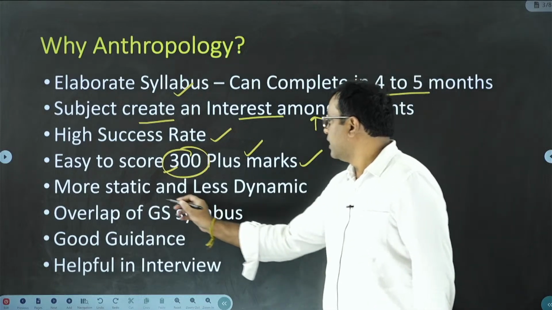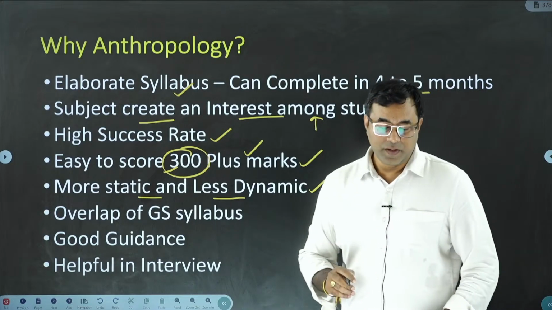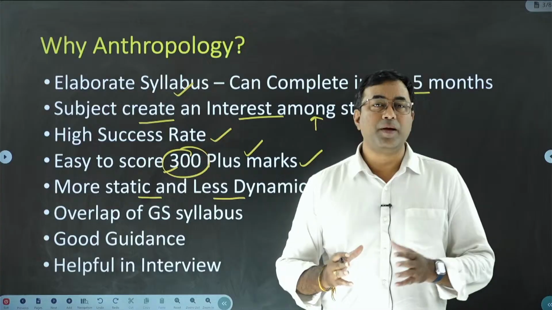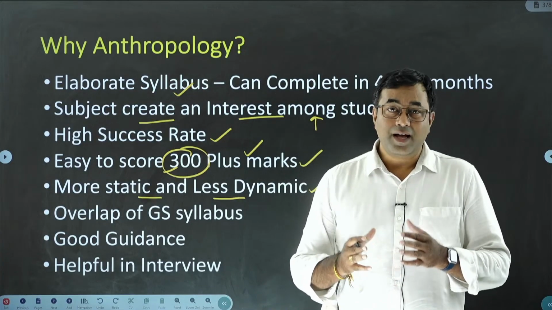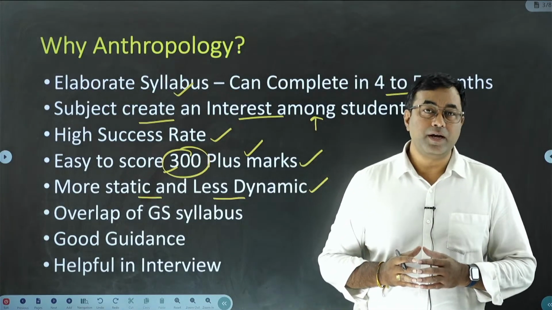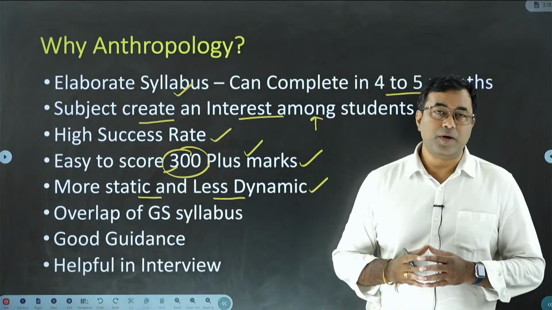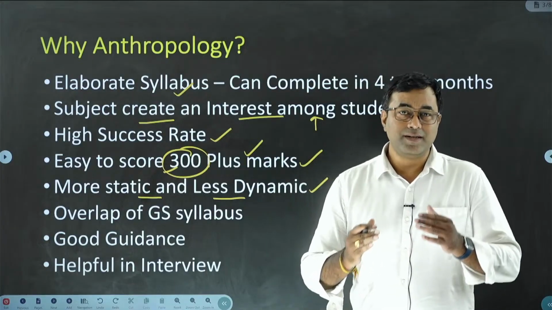Next one is that it is more static and less dynamic in nature. Some particular optionals, I don't want to name them, are very dynamic, and students struggle to get the answers and write them in the mains exam; they face many difficulties. But in the case of anthropology, the syllabus is static and the research done in anthropology is less.